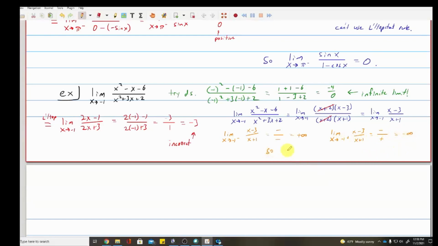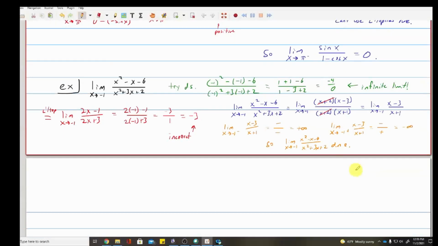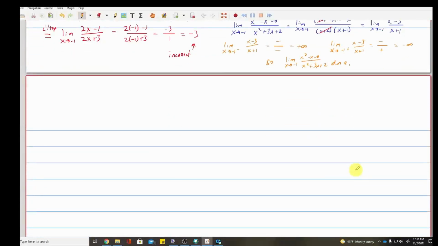Okay. So the limit as x approaches negative 1, because these two don't match, the limit doesn't exist. Okay. And again, what I wanted to emphasize here was that we have to be careful and check to see if L'Hopital's rule applies.